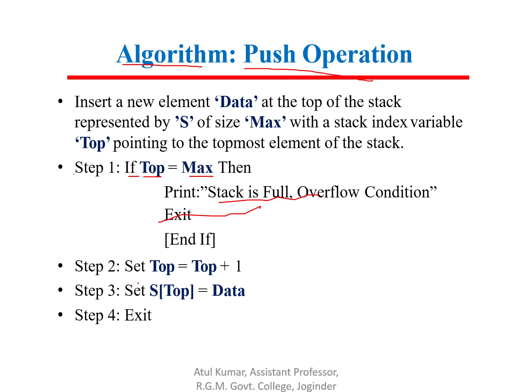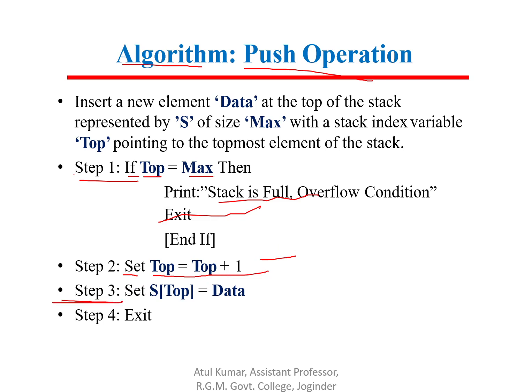If the step 1 condition is not true, that is top is not equal to max, then we go to step 2, and we firstly increment the value of top by 1, that is top is equal to top plus 1.